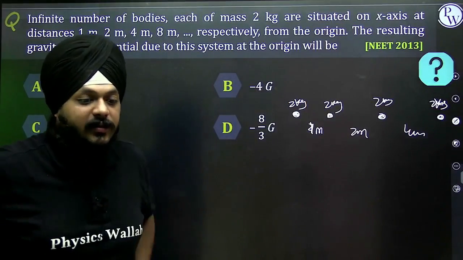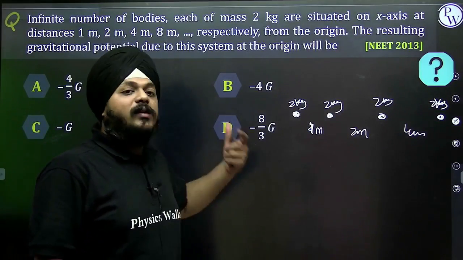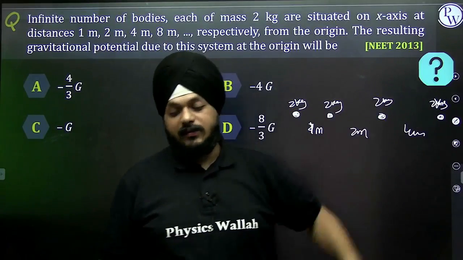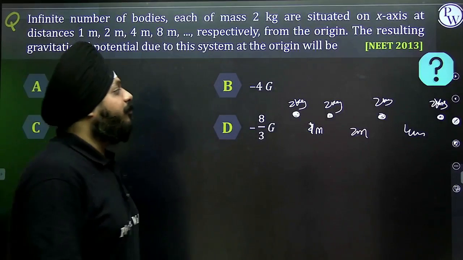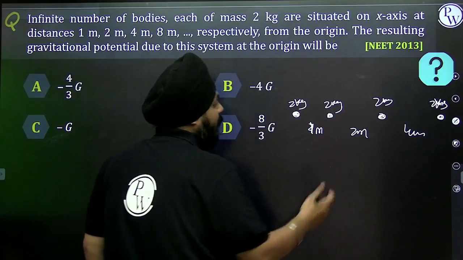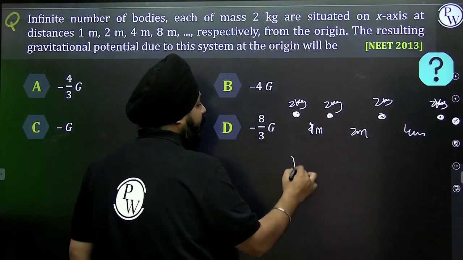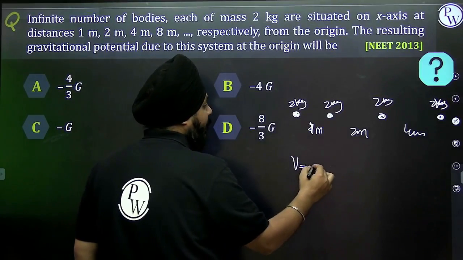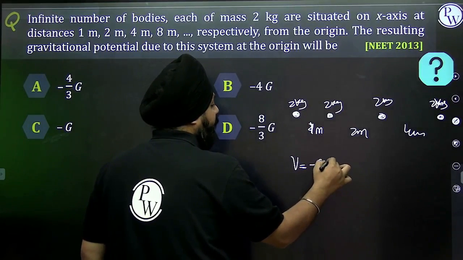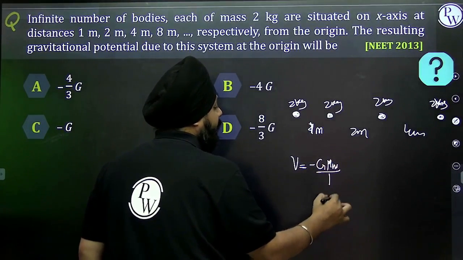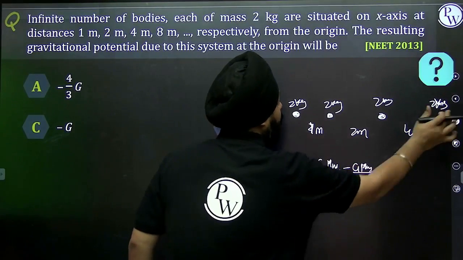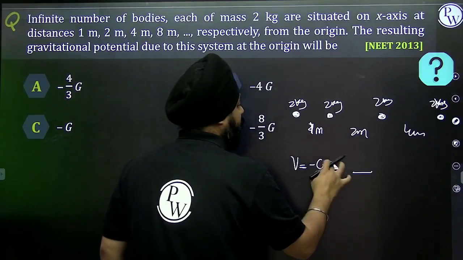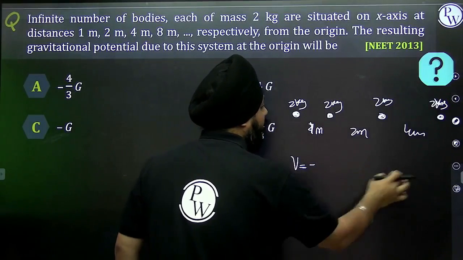We need to calculate, as I said, the gravitational potential for the system of masses. This is a case of infinite GP. When I calculate the potential, it is negative of GM by 1, negative of GM by 2, negative of GM by 4, negative of GM by 8, extending up to infinity. Not potential energy, it's potential.